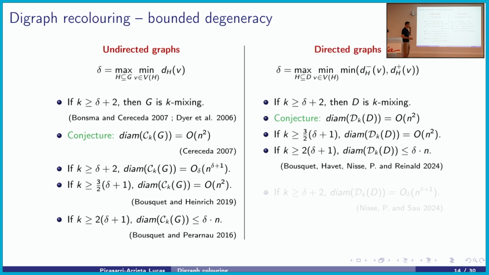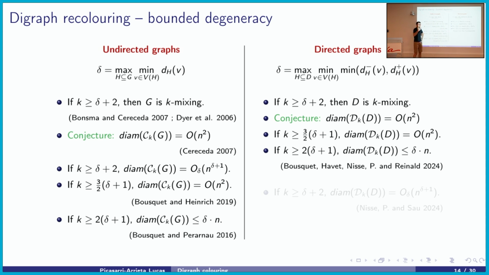And in a first work with Nicolas Bousquet, Frédéric Havet, Nicolas Nisse, and Amadeus Reynolds, we considered the same question for digraphs, where the degeneracy is the same notion, but you take the degree of a vertex to be the minimum between its in and out degrees. And we proved that with this number of colors, your digraph must be k-mixing. And we made the same conjecture that we indeed should have a quadratic diameter of the k-dicolouring graph in the number of vertices.